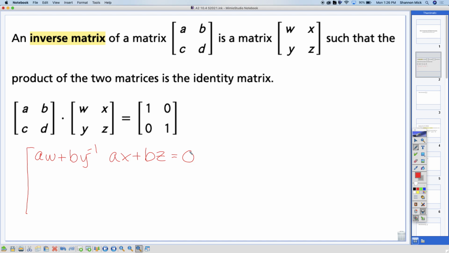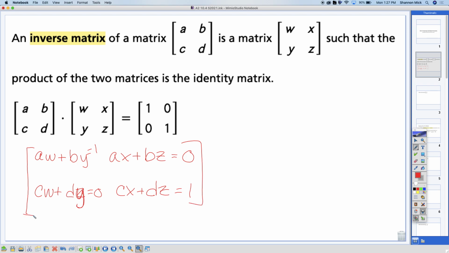And then C times W plus D times Y, not Z, would have to equal 0. And C times X plus D times Z would have to equal 1.